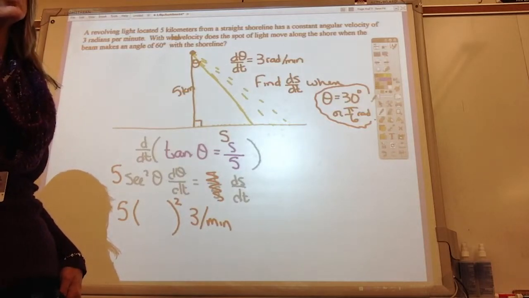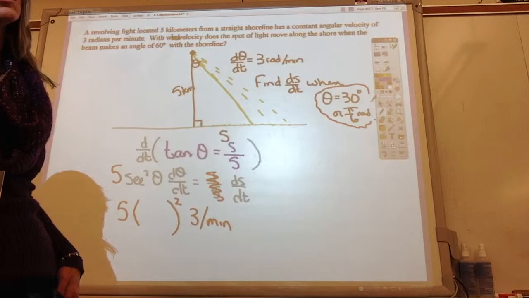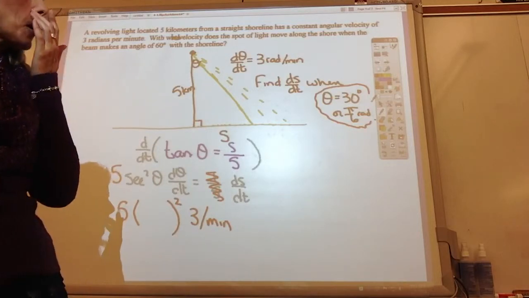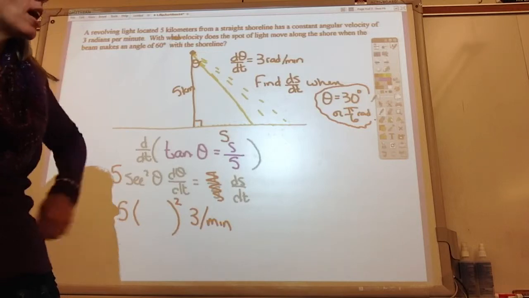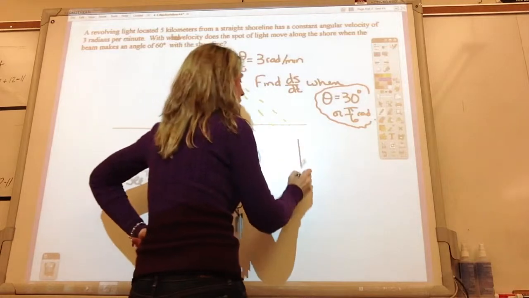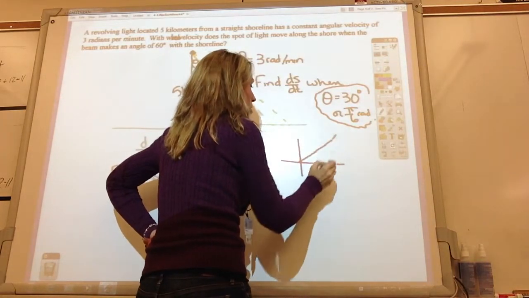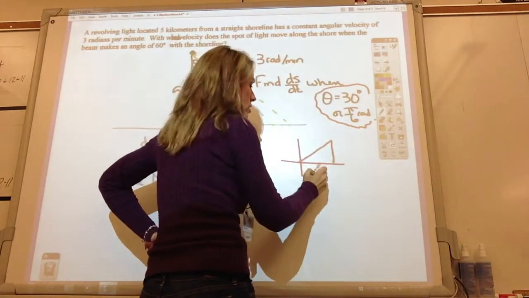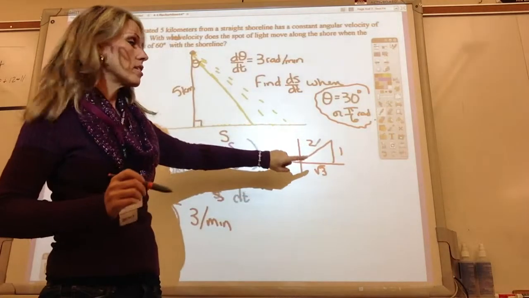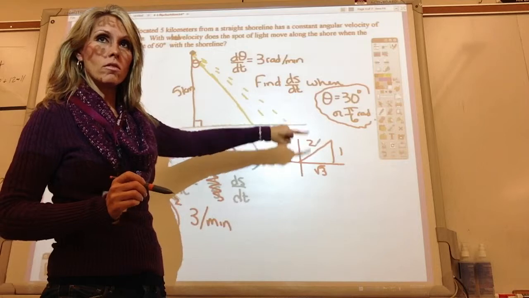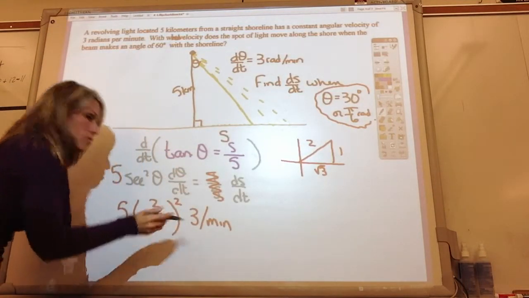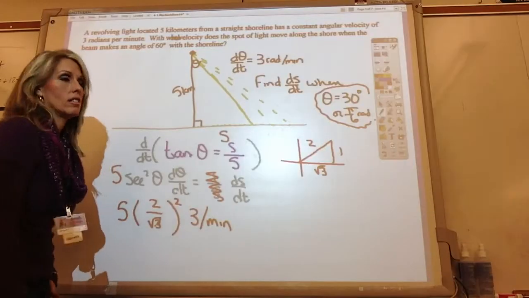Cosine of 30 degrees is the square root of 3 over 2, so secant is 2 over the square root of 3, and squared that is 4 over 3. Good.